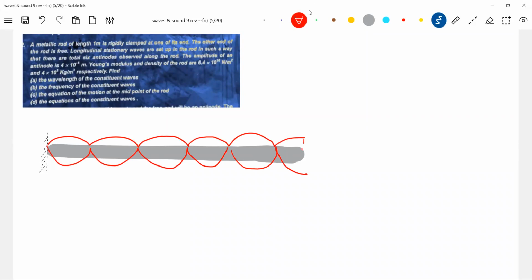This end is also an antinode. And antinodes we show like this.